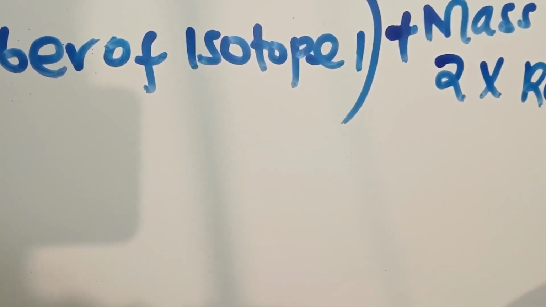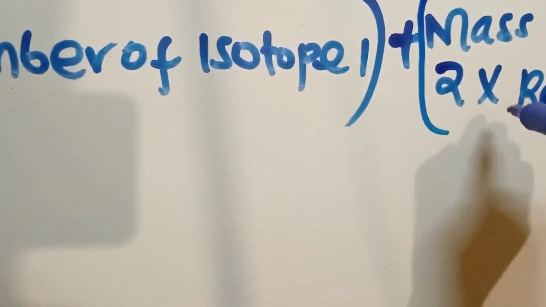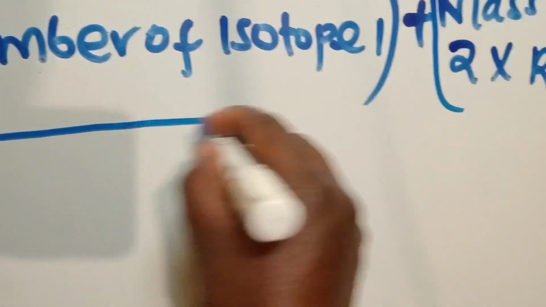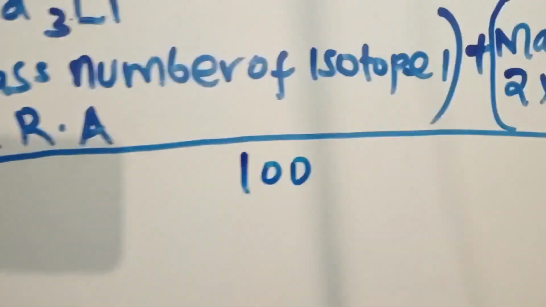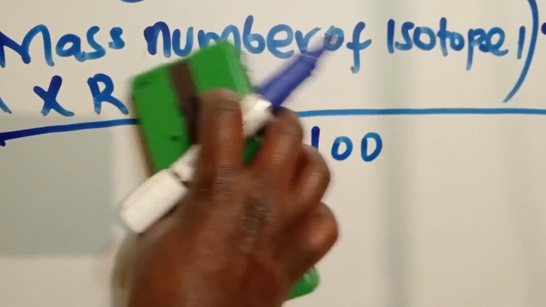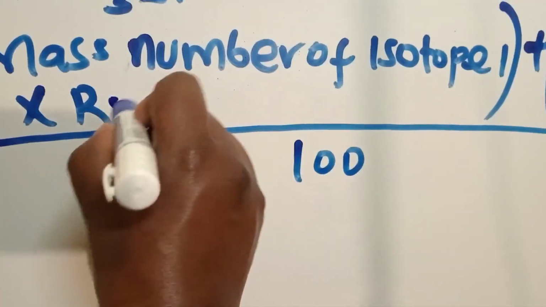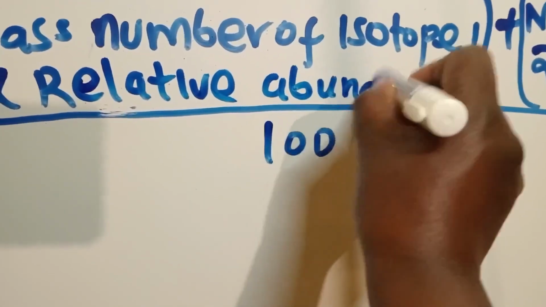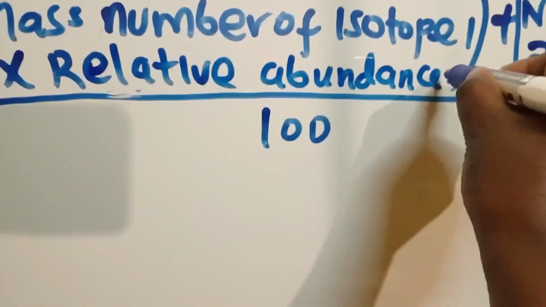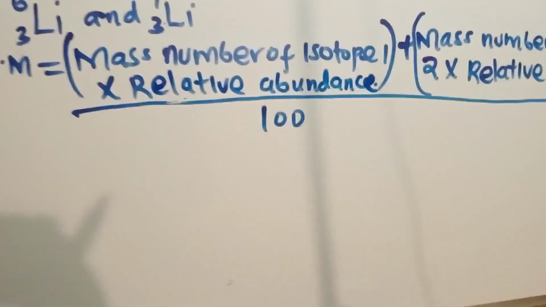Again, you put that one into bracket, and then all of them together divided by 100. Let me write this one in full. Relative abundance. So that is the formula.